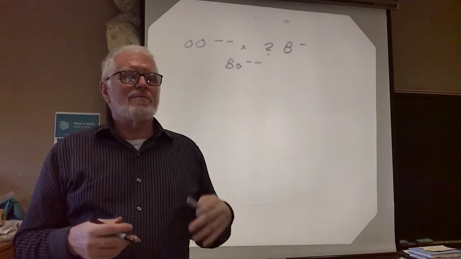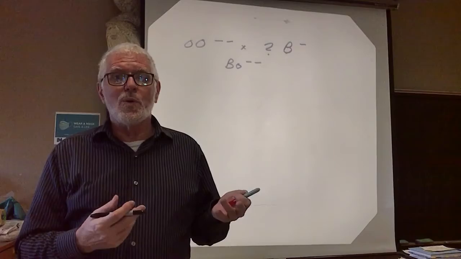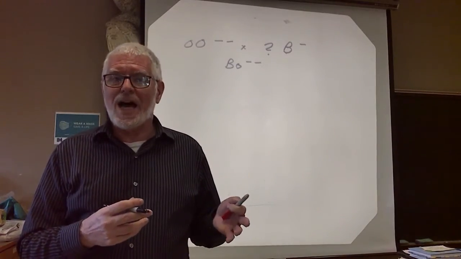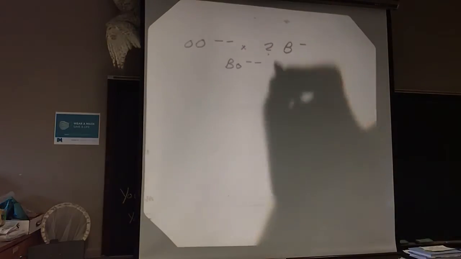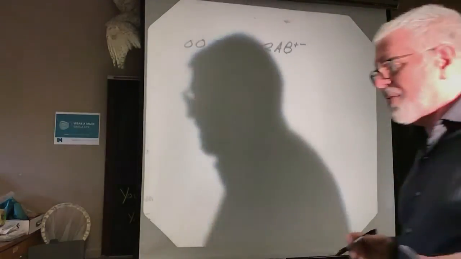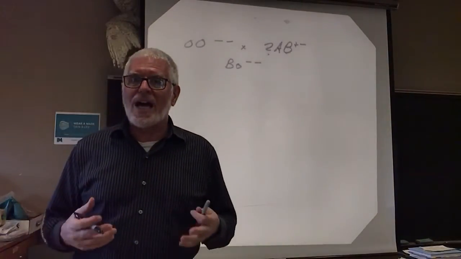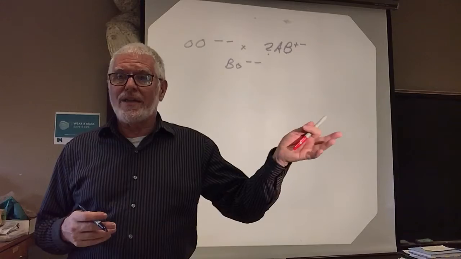Is there a B there? Absolutely, there's a B there. Is there a negative? Ooh, could be hiding under the positive. So this is a possibility. AB positive negative is still AB positive blood. And so this guy could be the father.